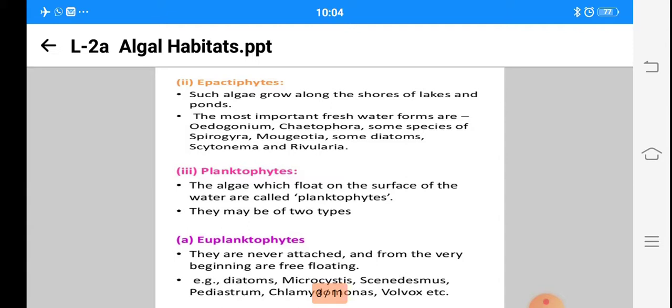Secondly, there are the epiphytes. These terms are different because in algae separate words are there, so you have to know this. Along the shores of lakes and ponds, in freshwater conditions, there are Oedogonium, Chaetophora, some species, then Spirogyra, Mougeotia, some diatoms, Scytonema and Rivularia.